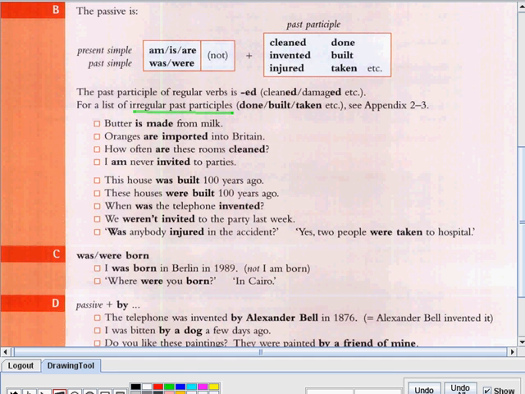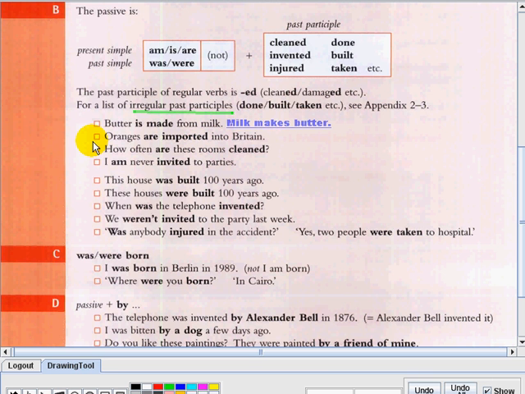Right? Next sentence. Oranges are imported into Britain. That is in its present passive form, right? When we make it active, it will become Britain imports oranges. Again, Britain imports oranges, right?